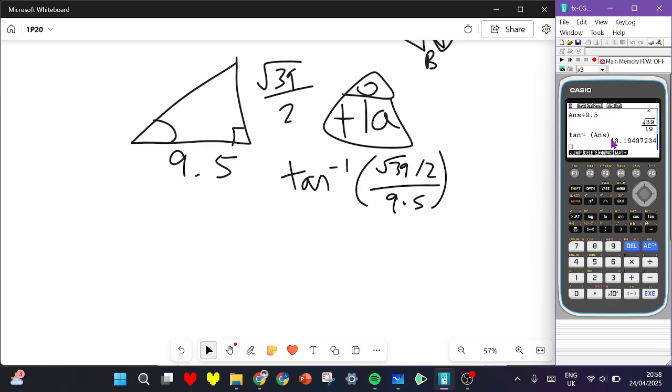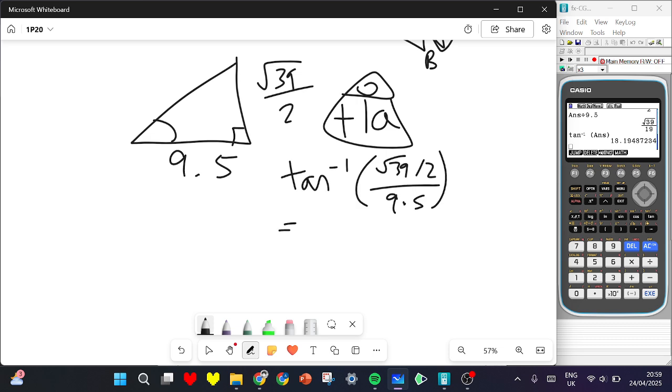So this is equal to 0.31756, blah blah blah. Okay, so that's one of them. The angle that we're trying to find is twice that, so we want to double this.